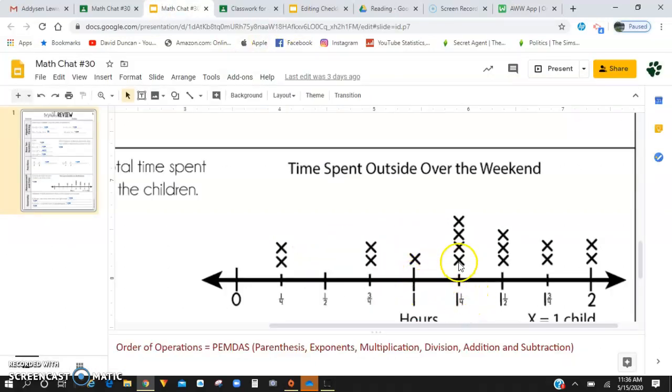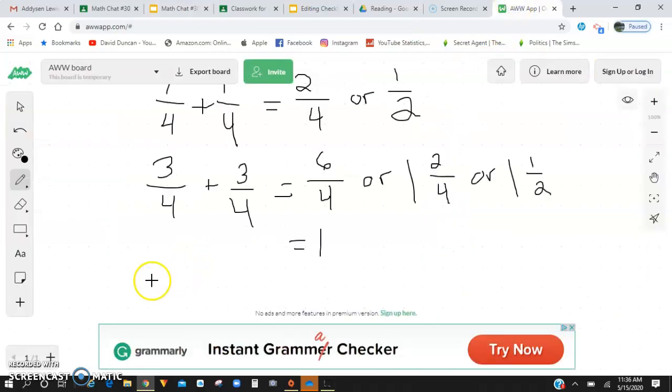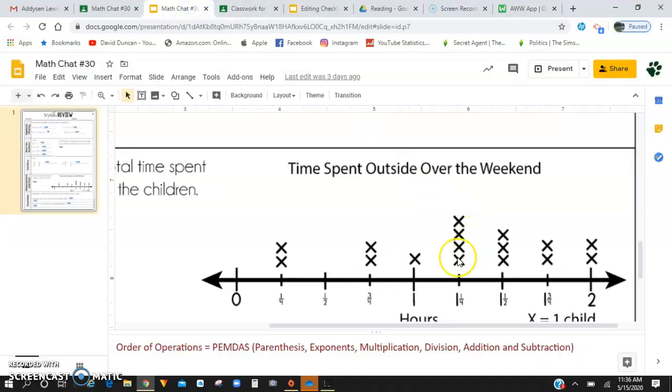Now I have 1, 2, 3, 4 1 1/4s. So I'm going to do 1 1/4 plus 1 1/4 plus 1 1/4 plus 1 1/4. Let me double check: 1, 2, 3, 4.